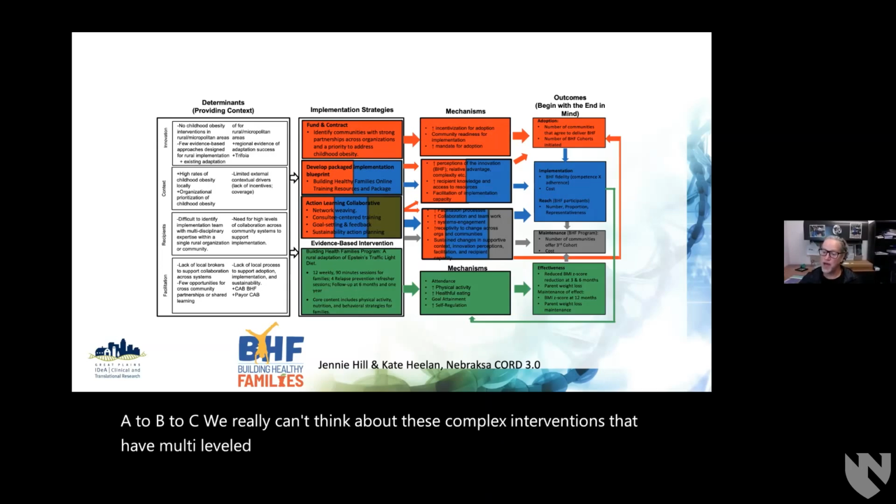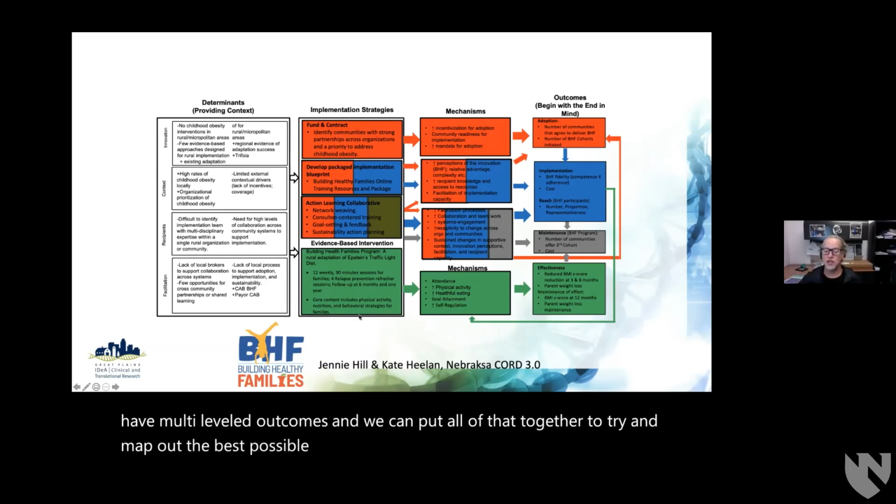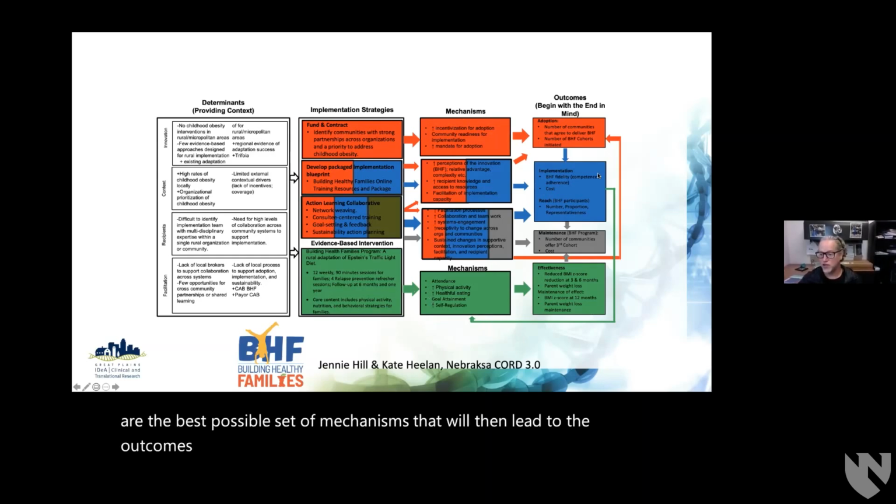And we can put all of that together to try and map out the best possible set of strategies that will change what we think are the best possible set of mechanisms that will then lead to the outcomes that we'd like to achieve within a community.